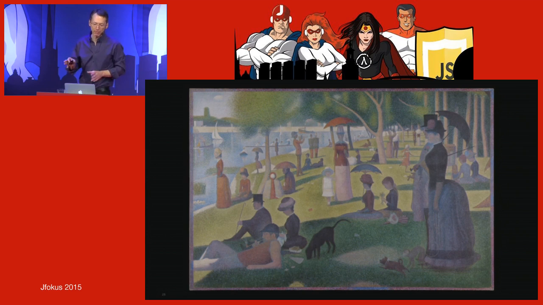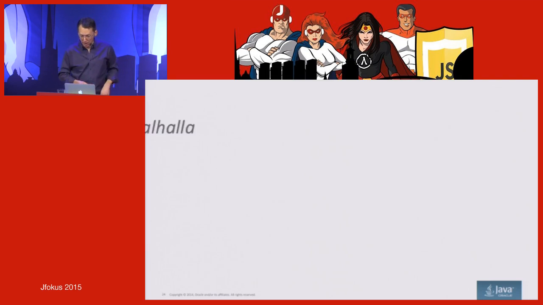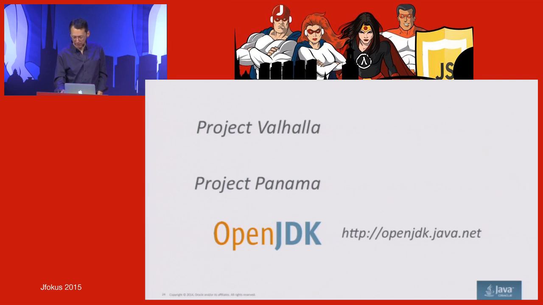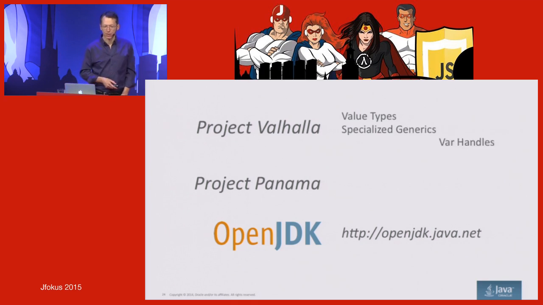So it's not just about value types and specialization, but also some other features like var handles, a better foreign function interface, and improved arrays. This is all stuff that we're working on in OpenJDK very actively today. There are 2 projects. One is called Valhalla, and that is focused on value types and generics and var handles.